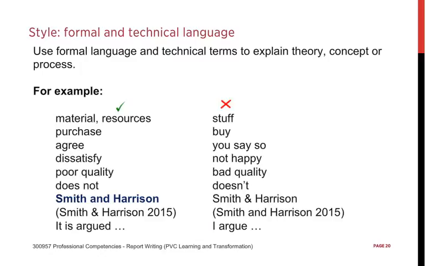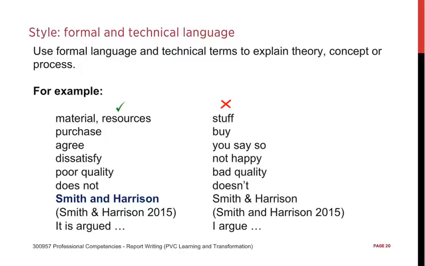When writing your report, you'll have to be aware of your writing style. You'll want to use formal and technical language. Use this formal language and these technical terms to explain your theory, concept, or process. The following are some examples of the words you want to use and the words you want to avoid. For example, material and resources are the words you want to use.